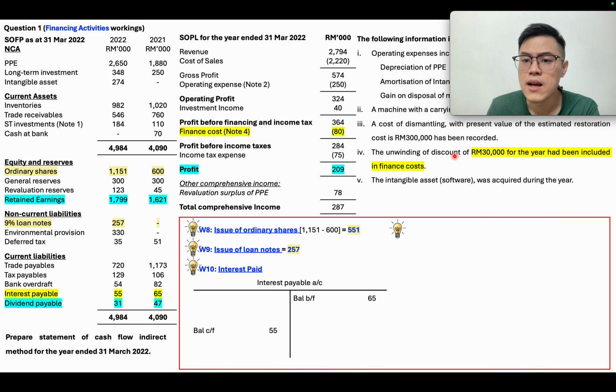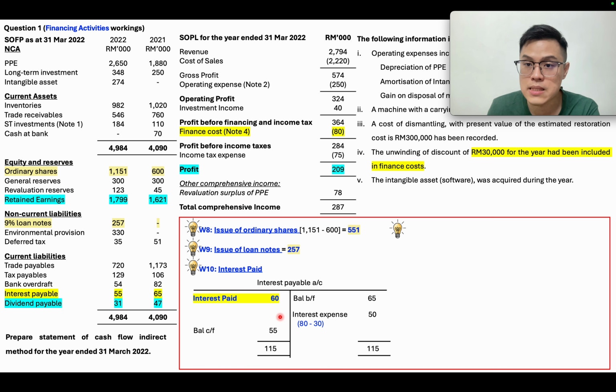Unwinding interest is something that didn't involve any cash payment. So we need to minus it out. 80 minus 30, you will get 50. Therefore, net amount minus 55, you will get interest paid. And 60,000 interest paid, negative. Finally, we will need to find our cost of equity, which is our dividend.